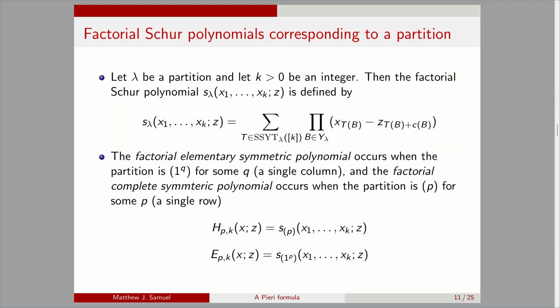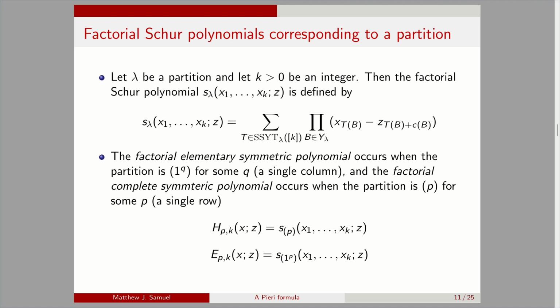So this definition allows us to define the factorial Schur polynomials. They correspond to a partition and a number of variables k greater than 0. The factorial Schur polynomial s lambda of x1 through xk and z is defined by this formula on the slide. It's the sum over all semi-standard Young tableaux on the Young diagram of lambda with entries in k, and a product over all boxes in the Young diagram of x t of b minus z t of b plus c of b.